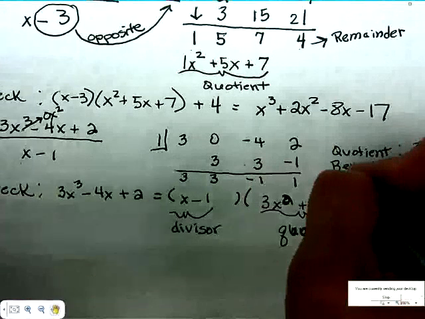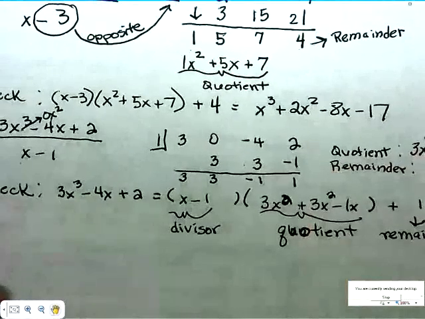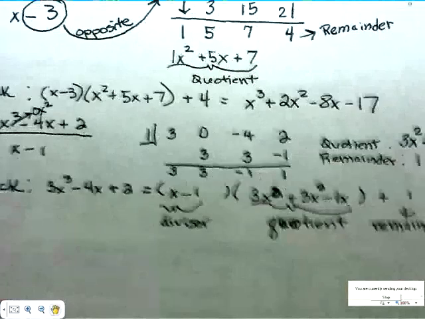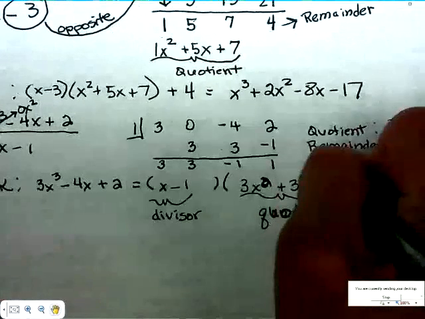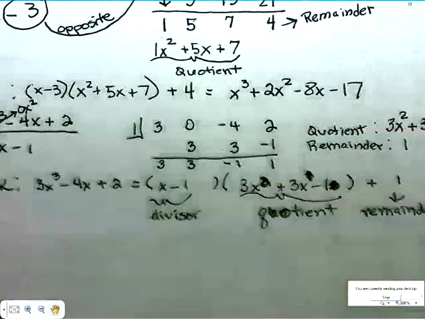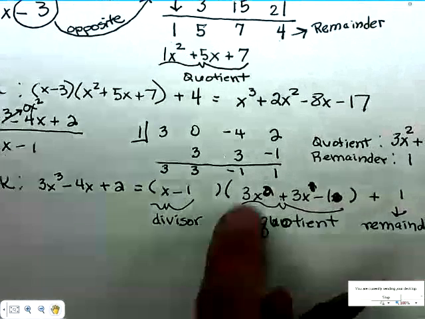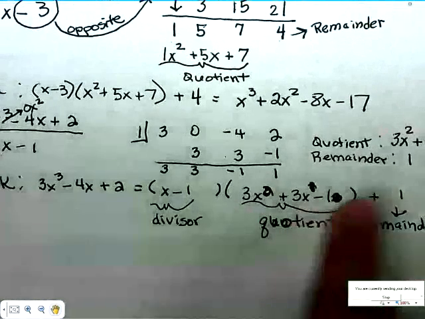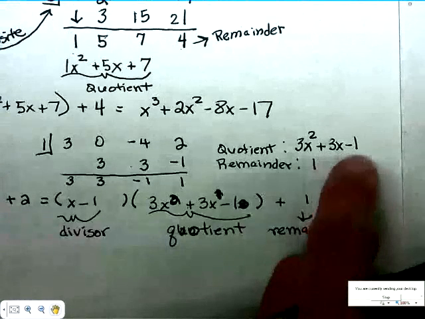I think I've said it right. I think every mistake I've made today, I've said. Yeah. Wonder what kind of dyslexia that is. I think I'm having mini strokes. Yeah, 3x squared plus 3x minus 1 plus the remainder. See, I even have it written right here.